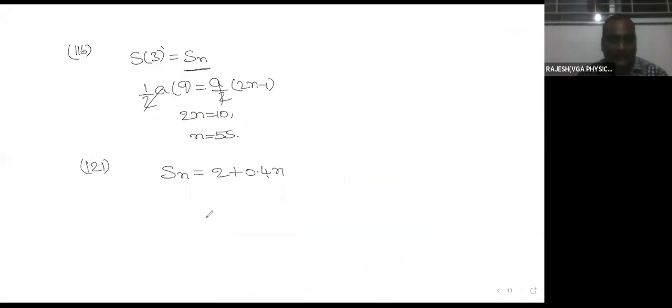So, what is the formula for Sn? U plus a by 2 of 2n minus 1. Open this bracket, then you will get U minus a by 2 plus a by 2 into 2n, that is an.